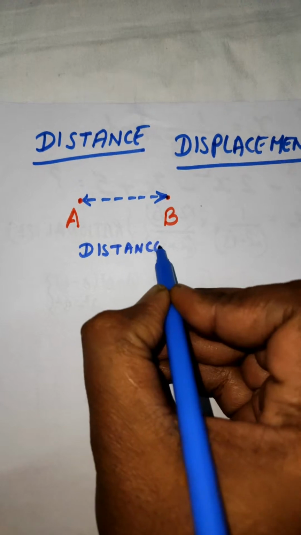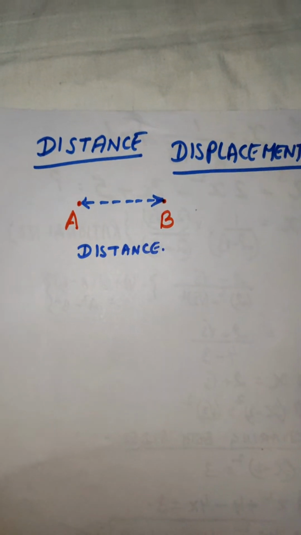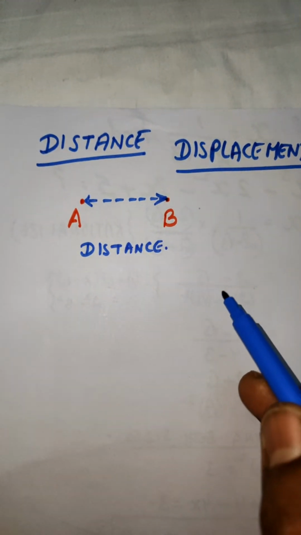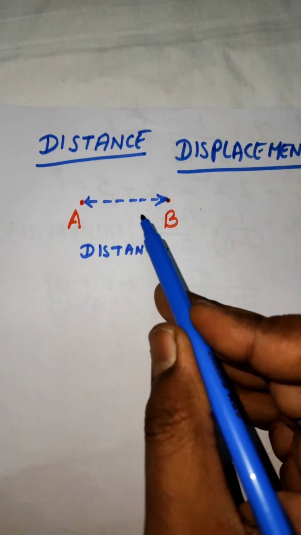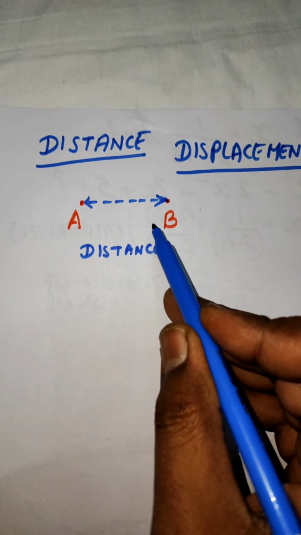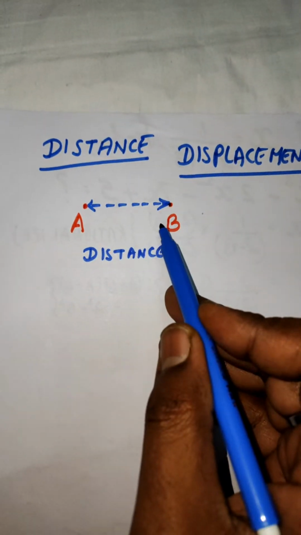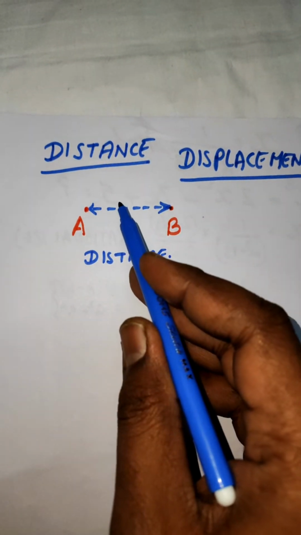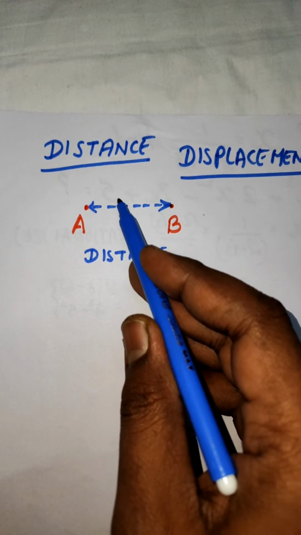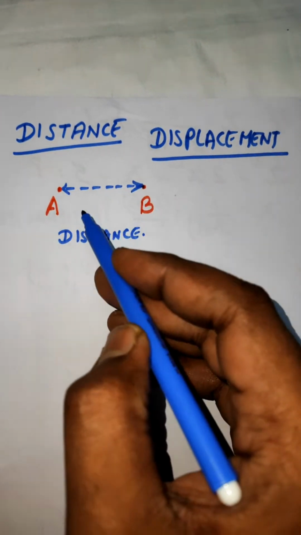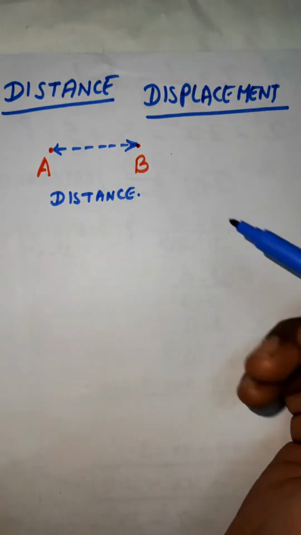And what is displacement? Displacement is the shortest distance between A and B, right? So here in this case, A to B, let's say x meter or 10 meter, whatever it be, then the displacement will also be the same, right?